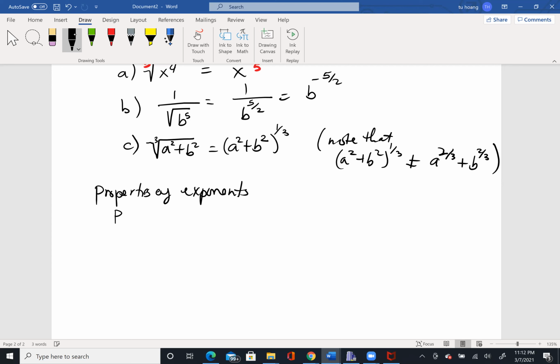Let P, Q be rational numbers, and A, B be real numbers. So I have, number 1, A to the power P times A to the power Q can be rewritten as A to the power P plus Q. This is called the product rule for exponents.